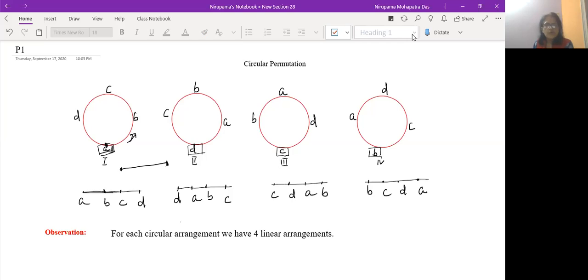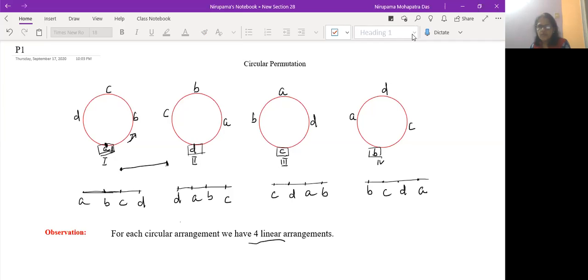So the observation here, we can see, for each circular arrangement, we have four linear arrangements, right? So it means we have four objects, and for each circular arrangement, we have four linear arrangements.